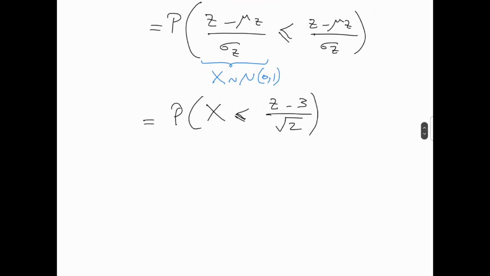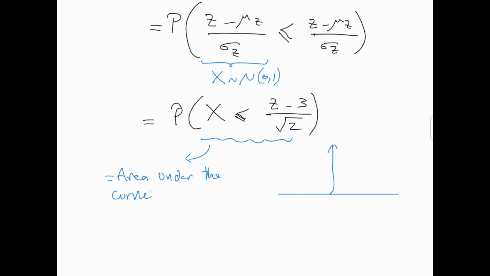So if you look at graphing this, we know that the probability of an event is basically equal to the area under the curve of this interval.